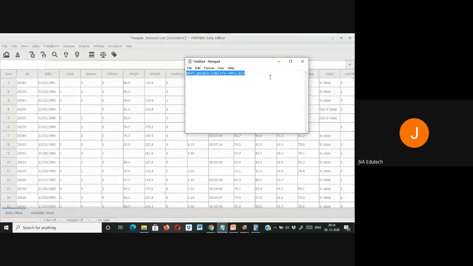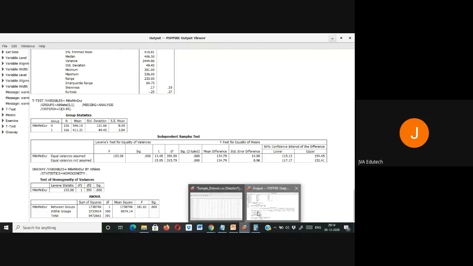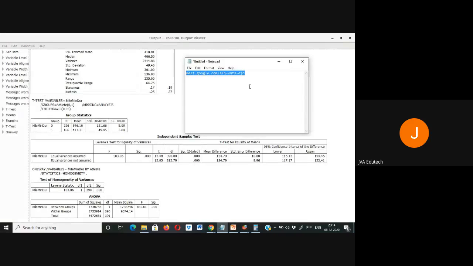Let me use this notepad, it will be better. So simply you can write here: t at the degree of freedom 315.79.